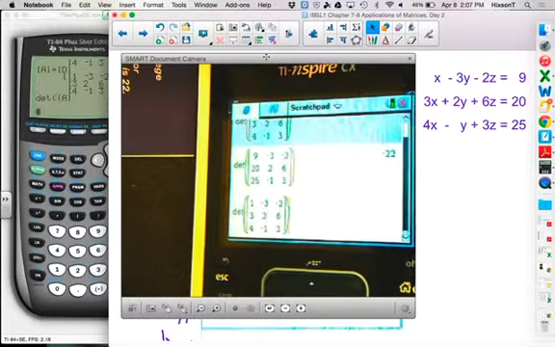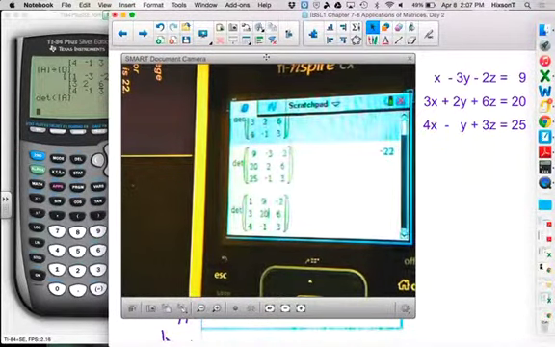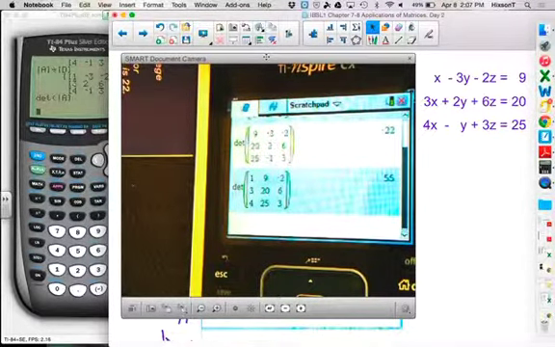It'll copy it down here. Now I'm going to replace this middle column with the 9, the 20, and the 25. And did you guys all get 55? 55 for your determinant, which gives you -5 for y.